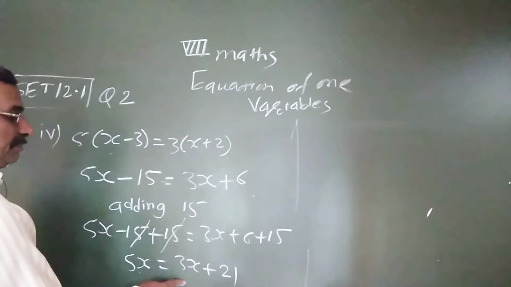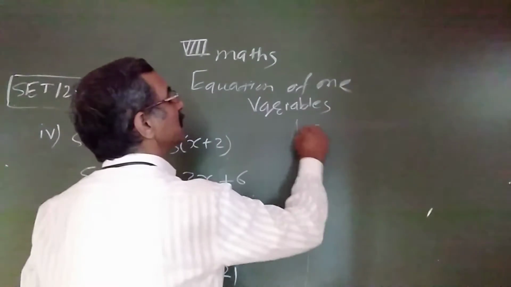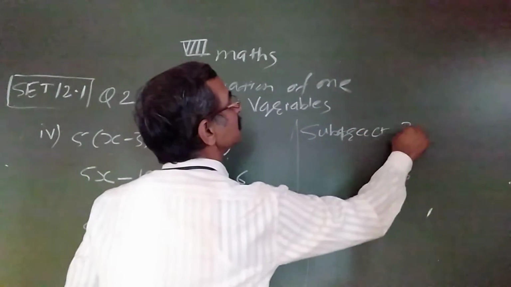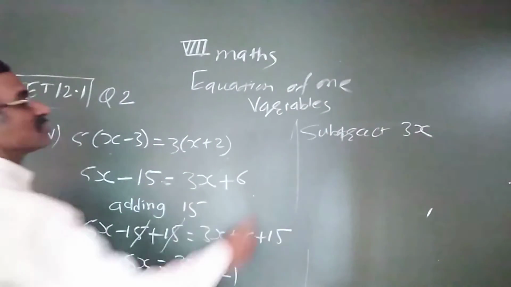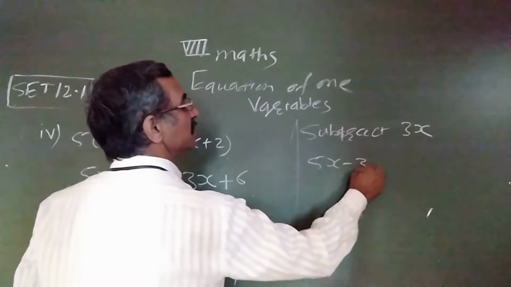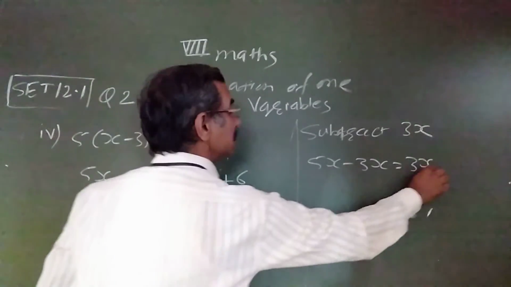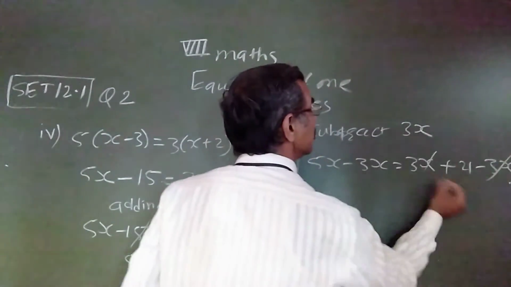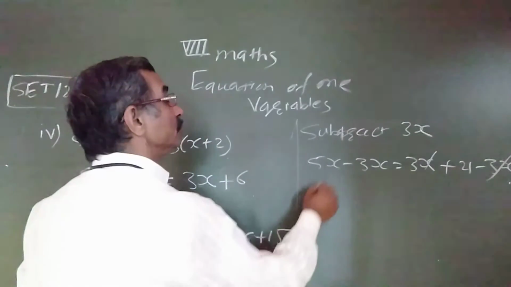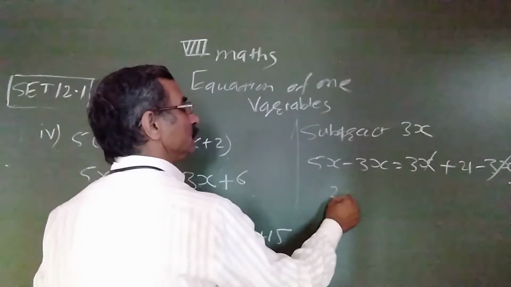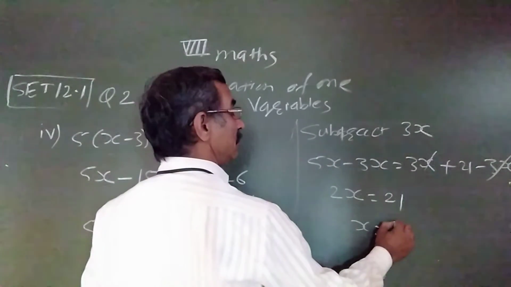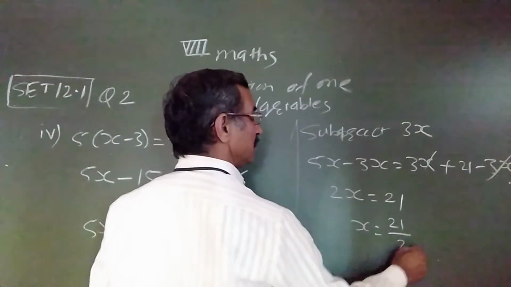We want to eliminate this term, so subtract 3x from both sides. So 5x minus 3x, and here is the 3x plus 21 minus 3x. So 3x gets eliminated. So 5 minus 3, that is 2. 2x is equal to 21. So we get the value of x is equal to 21 by 2.